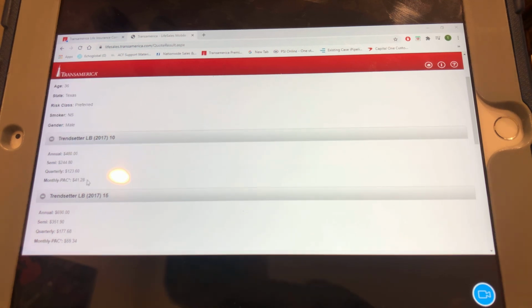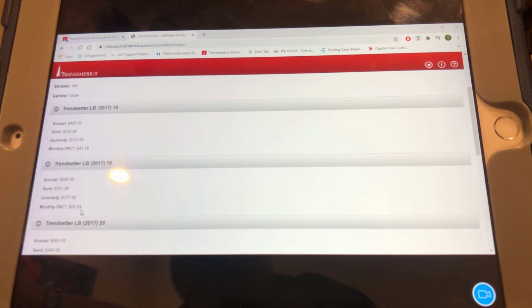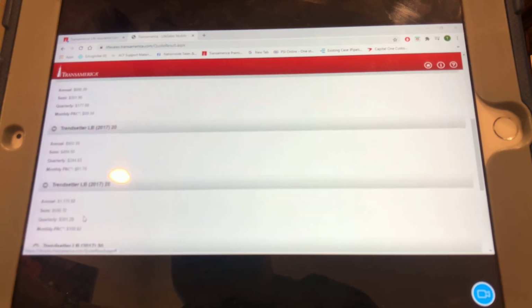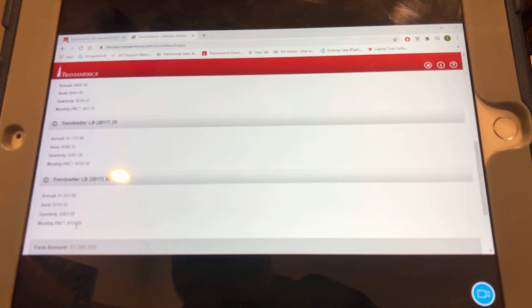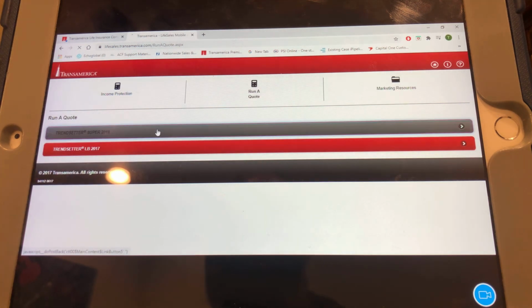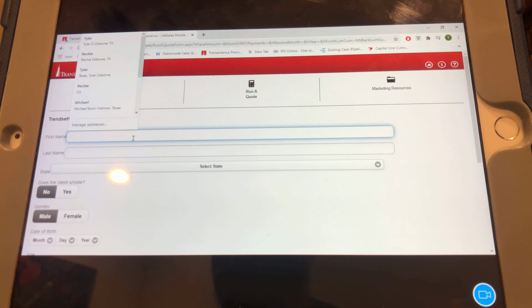So the term LB for the 10 years, $41 per million. $59.34 for a 15-year. $81.70 for the 20-year. $100.62 for the 25-year, and then $121.26 for the 30-year. Now we're just gonna go back, run a quote, and use his same information and just do the super without the LB. I want you guys to see it. It's not that big of a difference typically.